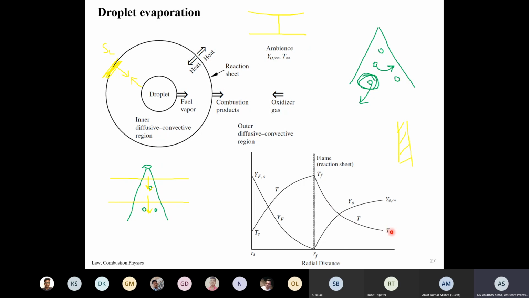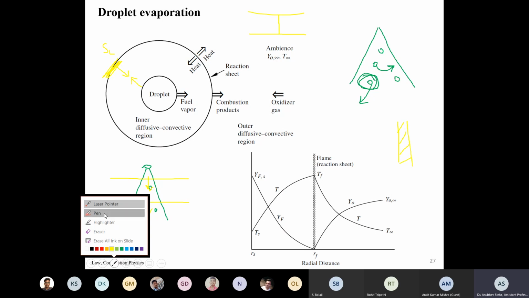Now look at the fuel mass fraction. The fuel mass fraction will be very high near the droplet, ideally 1, and then it will go down, and all the fuel is finished at the flame sheet. See, these are two different curves. Don't get confused.